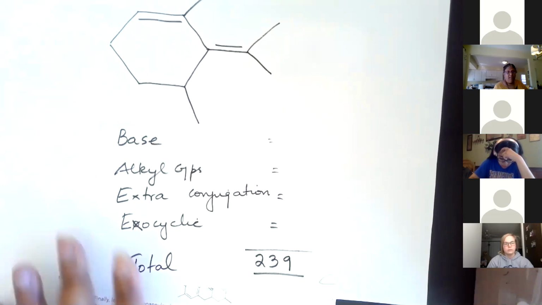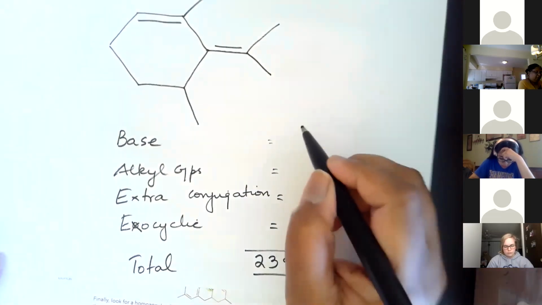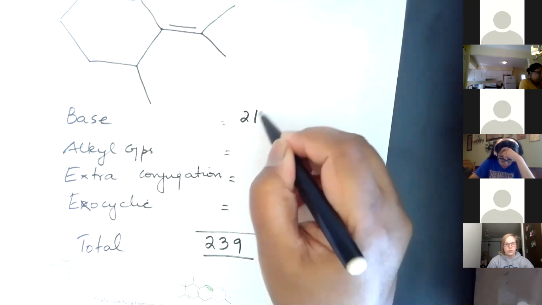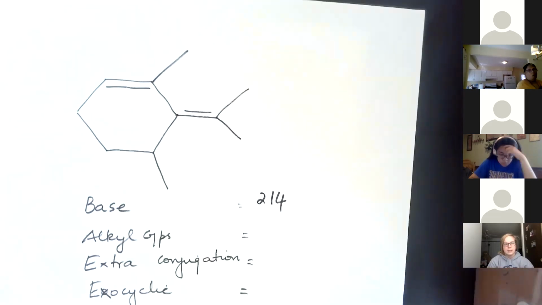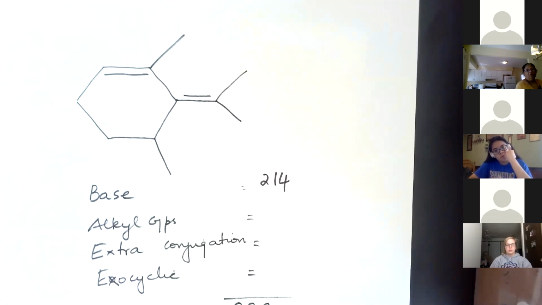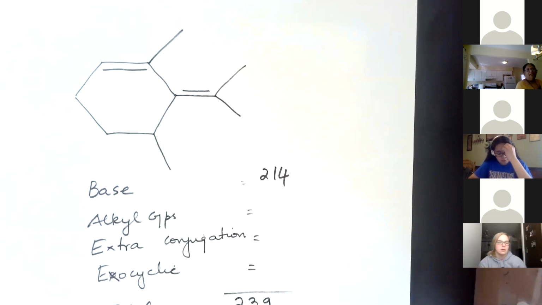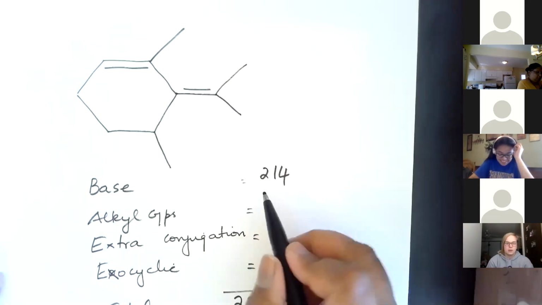Okay, what's the base value? John, what do you have? 214. How many alkyl groups? Are you asking me again? How many alkyl groups? Yes, I'm asking you again. 5? Yes.